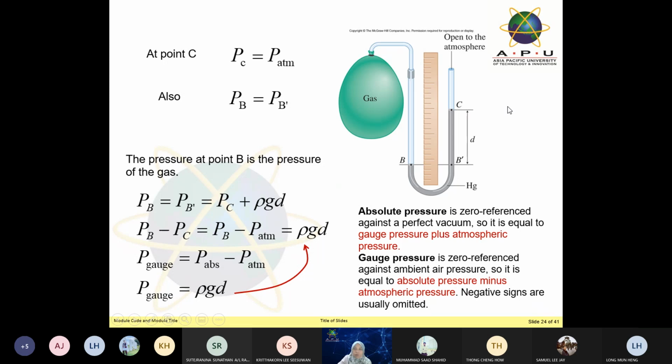So for the manometer, we have a third point, which is C. In this, we have PB, PB prime, and PC. But PB and PB prime are at the same level, so PB is equal to PB prime.